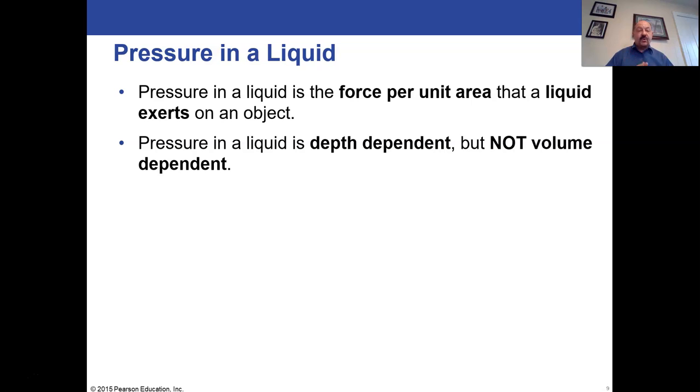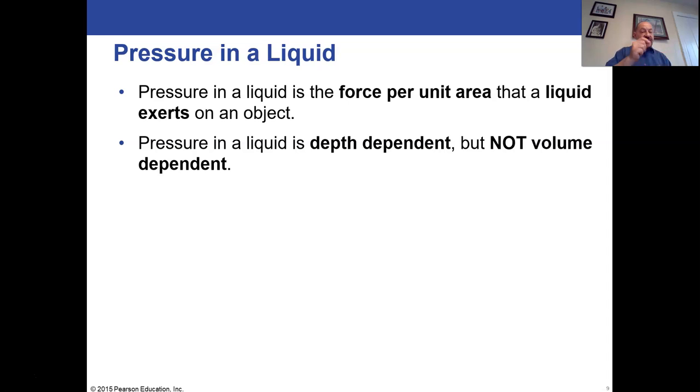Now this may seem a little weird, and let's explain what this means. It means the deeper you are in the water, so depth means here's the level of the water and how far down you are. If the water starts here and you're going down, it's whatever the distance is between the top of the water and where you're looking at. That's the depth. It only depends on depth, not how wide the water is.